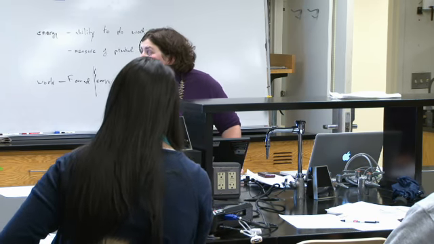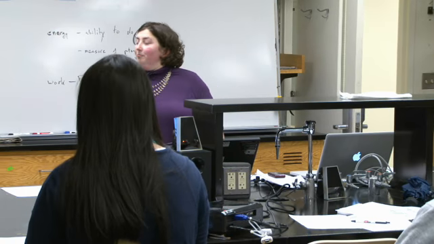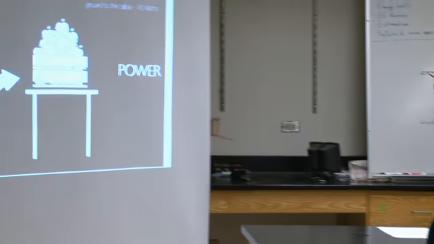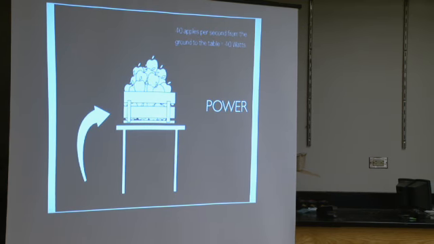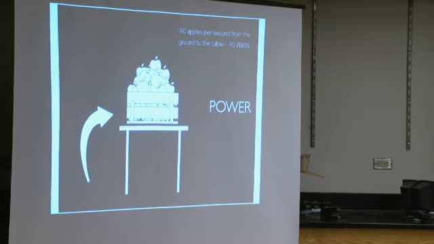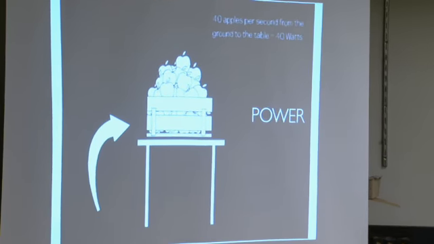Energy per given time. Yeah, exactly. So we could think about the watts associated with moving a bunch of apples from the ground to a table. Moving 40 apples from the ground to a table is 40 watts, which is the power associated with a light bulb.